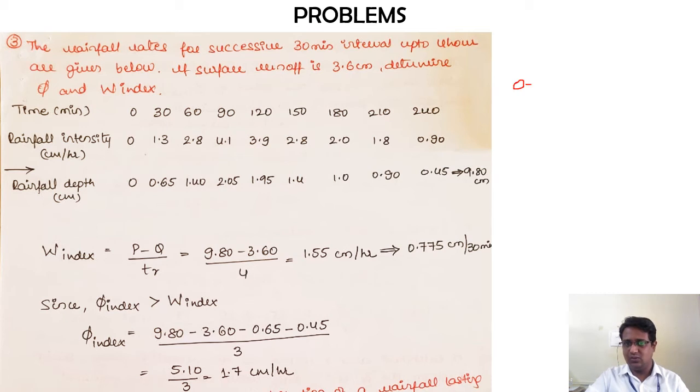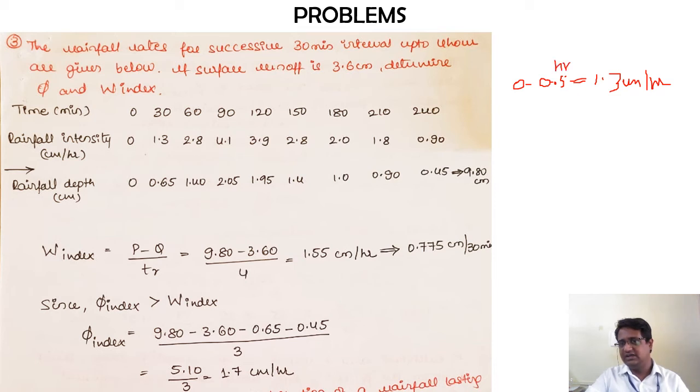for 0 to 0.5 hour, that is 0 to 30 minutes, you have a rainfall intensity of 1.3 centimeters per hour. But here my interval is only 0.5 hour.